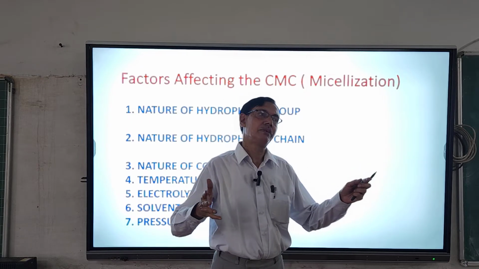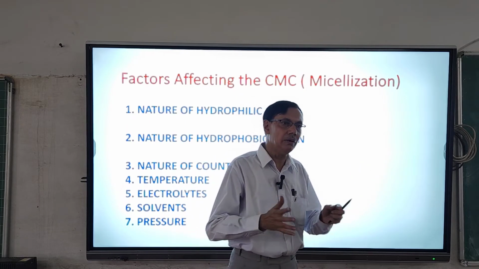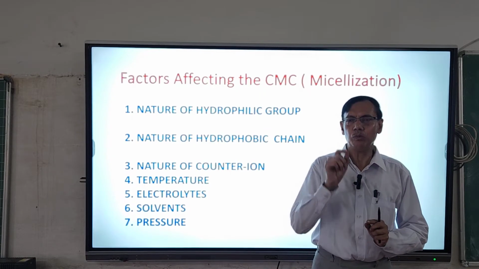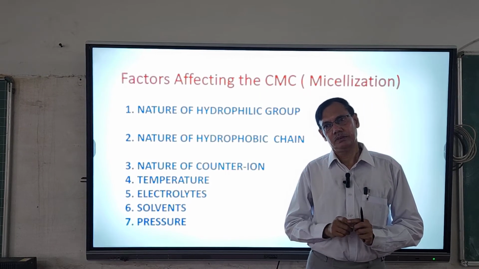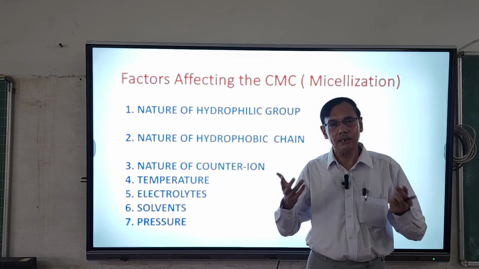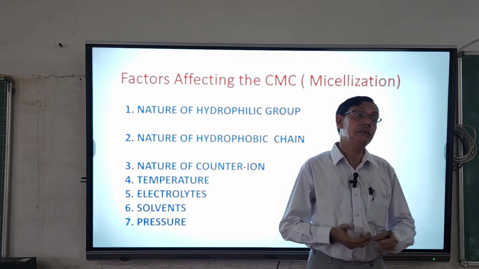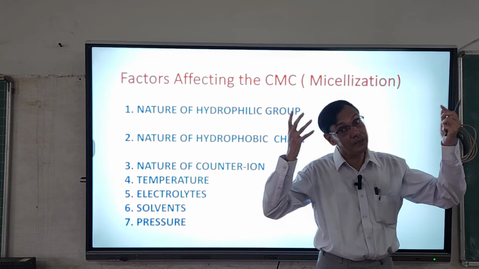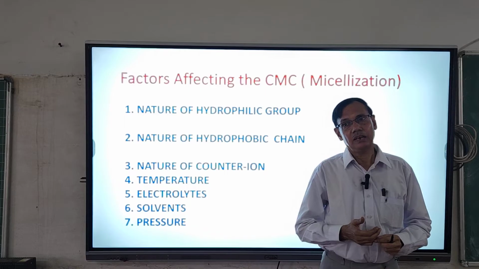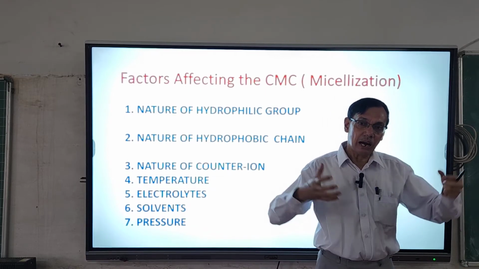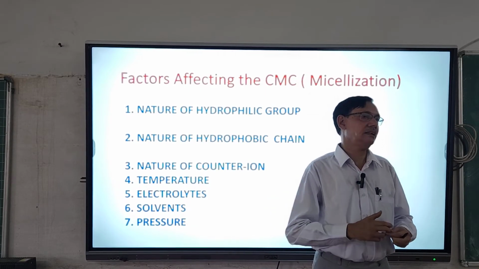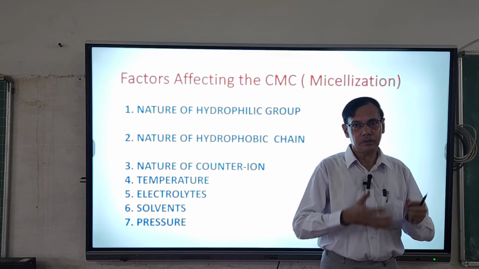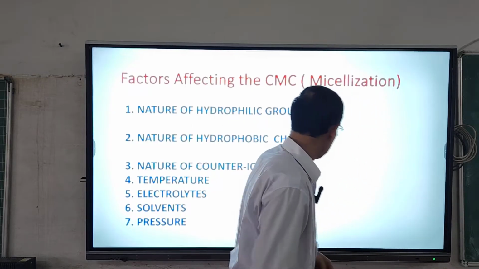Say for example, if the CMC of CTAB is approximately 1 millimole, or 0.9 millimole, the dodecyl trimethyl ammonium bromide is 16, and the decyl is 65. That means hydrophobic interaction plays a very significant role which affects your CMC.